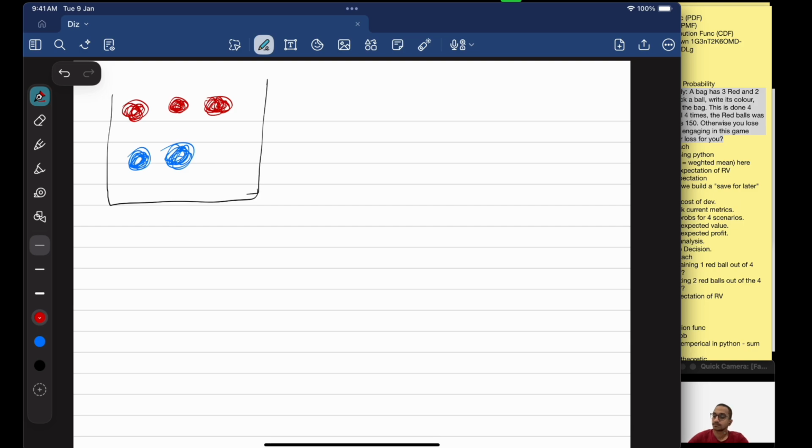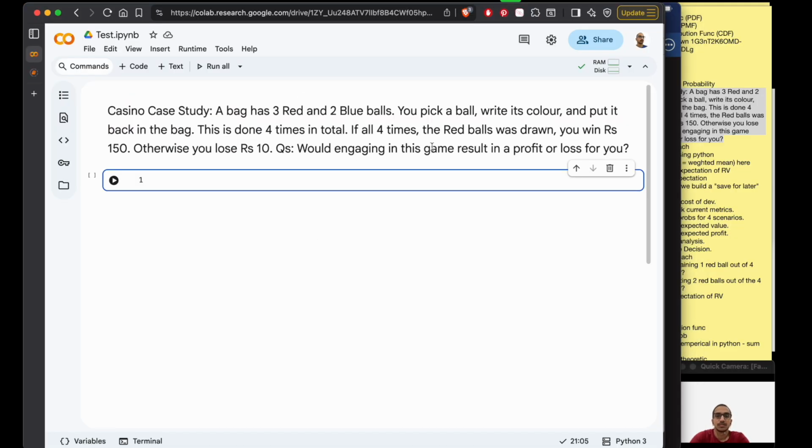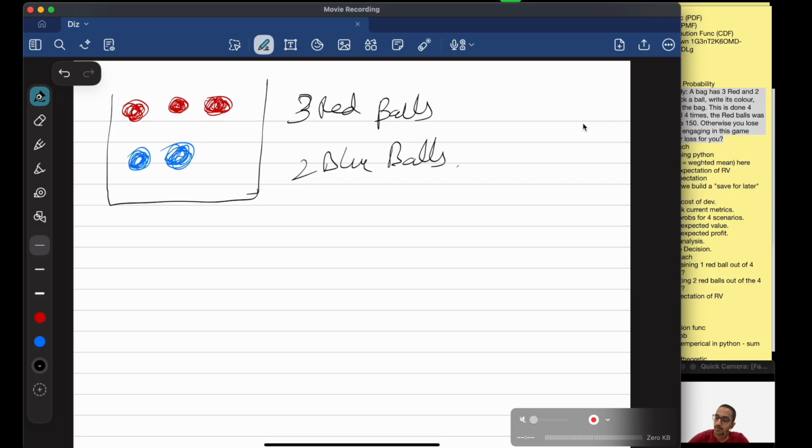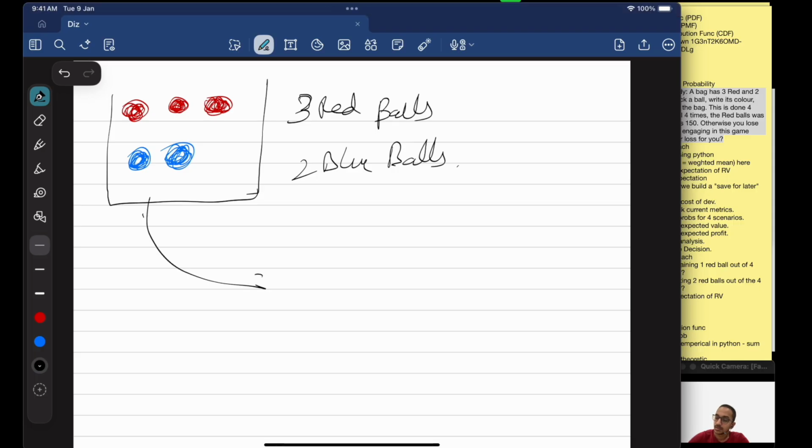Now, we have three red balls, two blue balls. So what it's saying is you pick a ball, write its color and put it back in the bag. So we are picking one from here, checking the color and then putting it back.